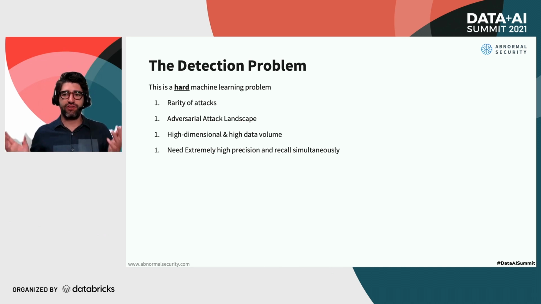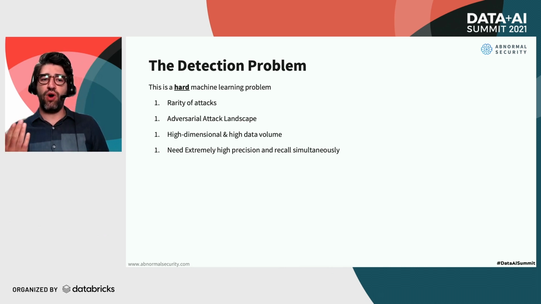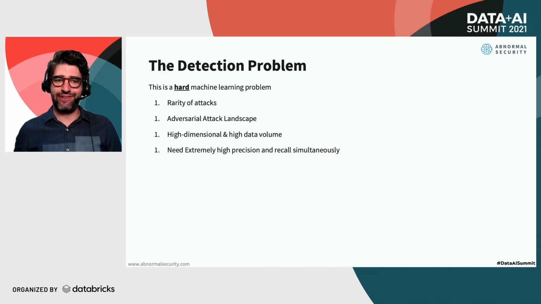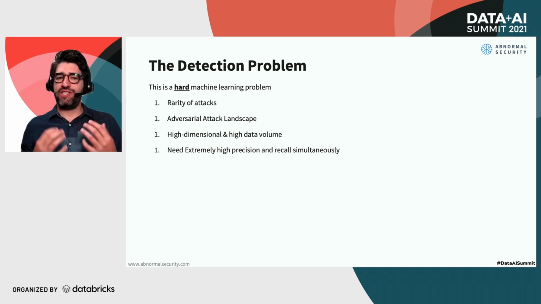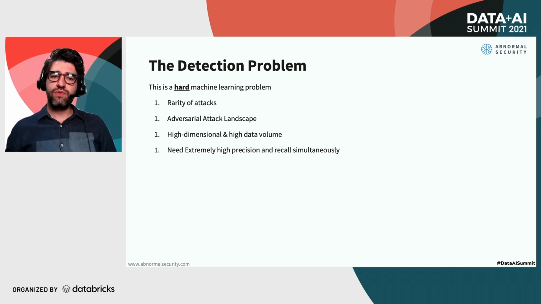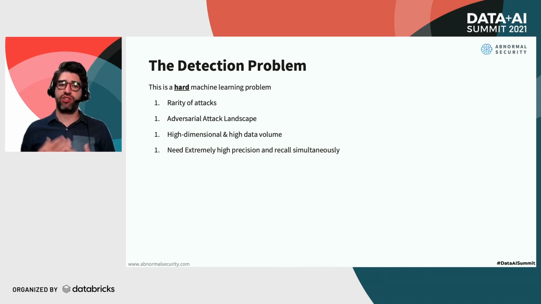There are a lot of reasons why it's hard, but number one is the rarity of the attacks, as I already mentioned. Stopping something that's 1 in 100 million makes it very difficult to build a high precision detection around. Another really important thing about this problem that's different from many other machine learning problems is that it's adversarial. Attackers aren't just going to sit around trying the same attack over and over if it fails.